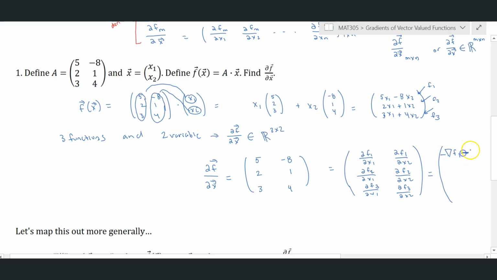Okay, and I'm going to put these little dashes here to indicate that that's a row. And this row will be the gradient of f2. And this row right here will be the gradient of f3. And that's pretty much how working with this will go.